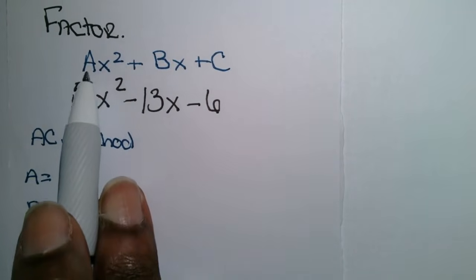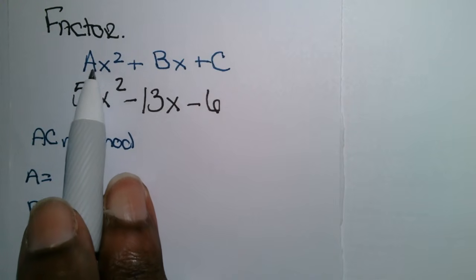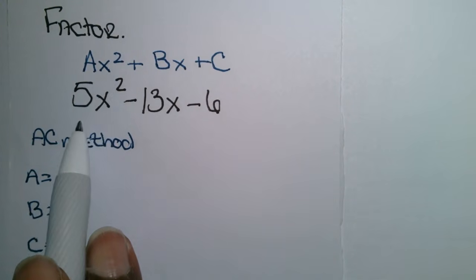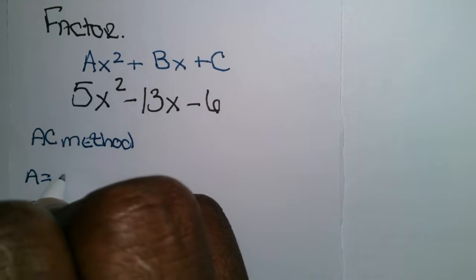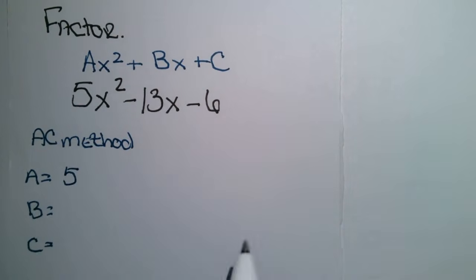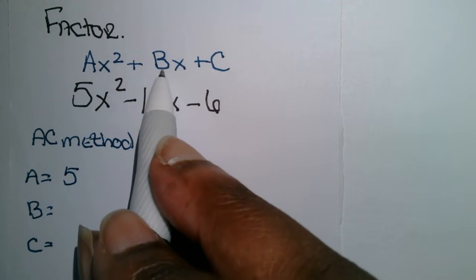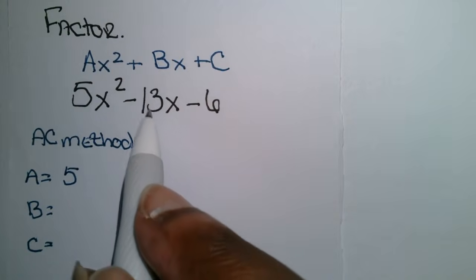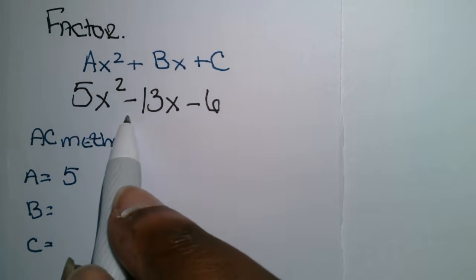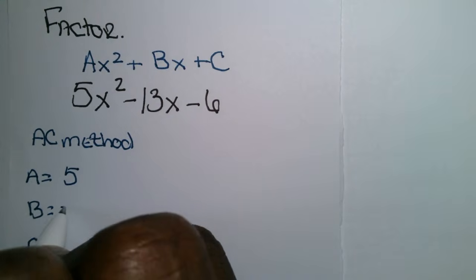The a, as you notice, is the coefficient in front of the x squared. So my a is going to be 5. My b is the coefficient with its sign in front of the x, which is a negative 13.